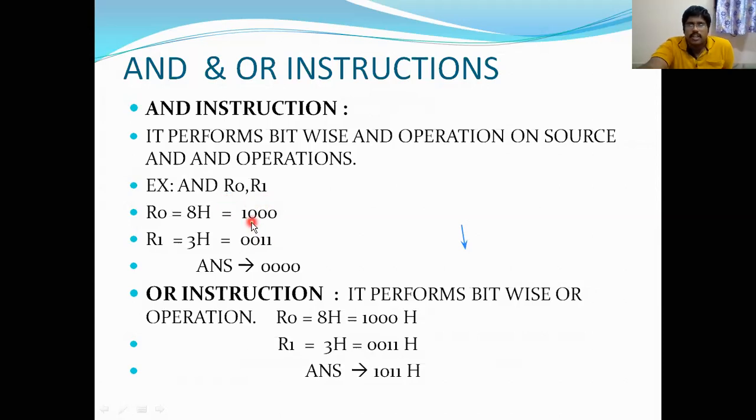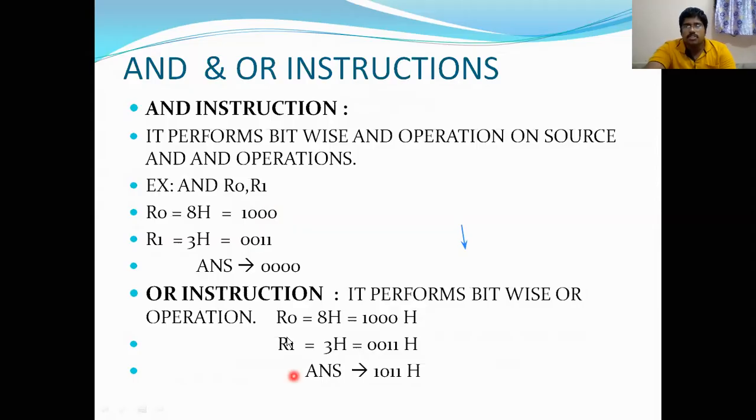So here I am performing a bitwise AND operation. First of all, what is the concept of an AND gate? The output of an AND gate is 1 whenever all the given inputs are 1. Whenever all the inputs are high, then only the output is going to be high.